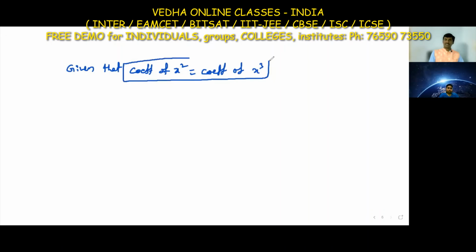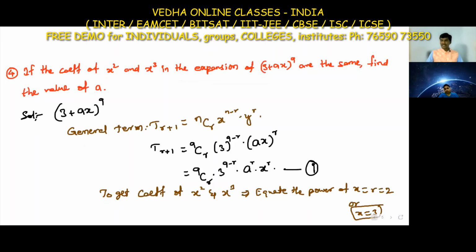So that means if we substitute r is equal to 2, then we get the coefficient of x square. Substituting r is equal to 3, the coefficient of x cube.